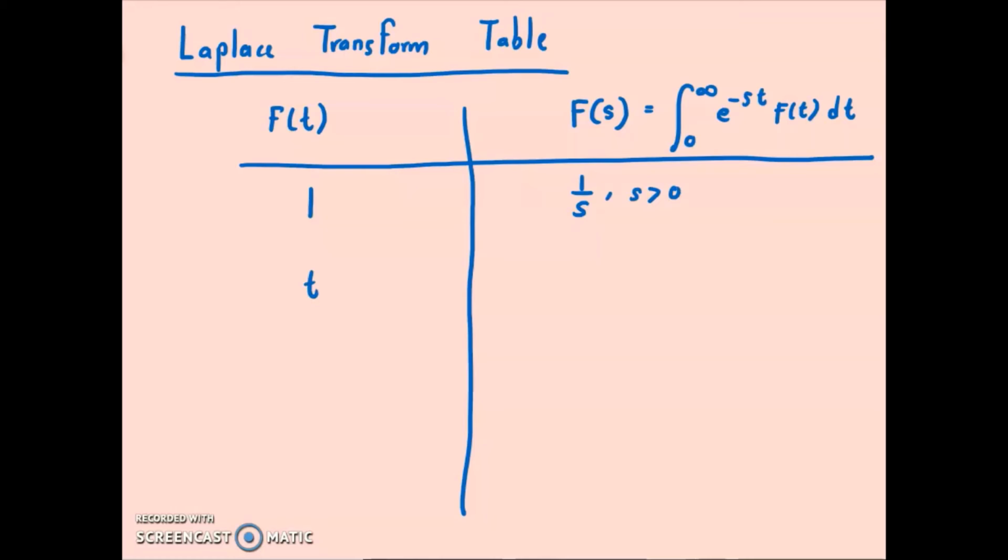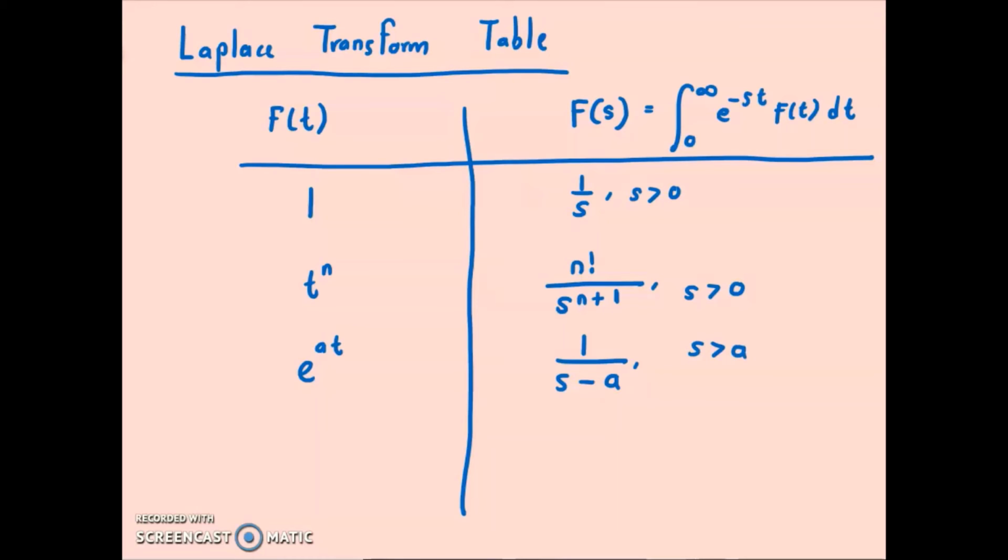The Laplace of t to the power of n is given by n factorial over s to the n plus 1, for s greater than 0. The Laplace transform of e to the at is given by 1 over s minus a, for s greater than a.